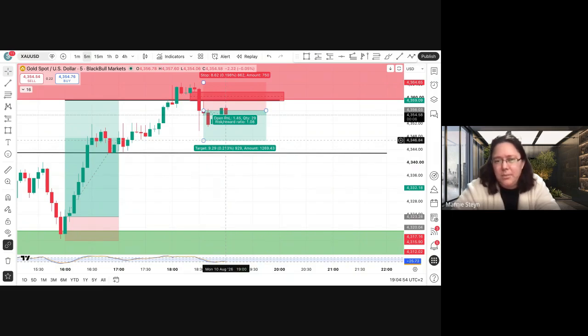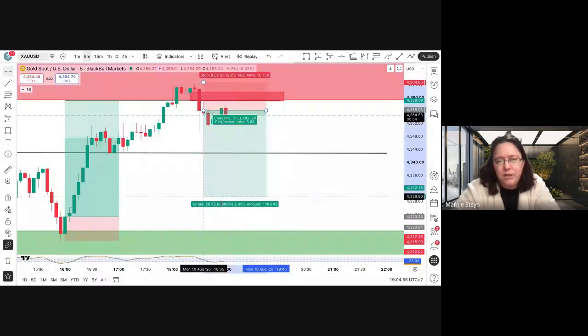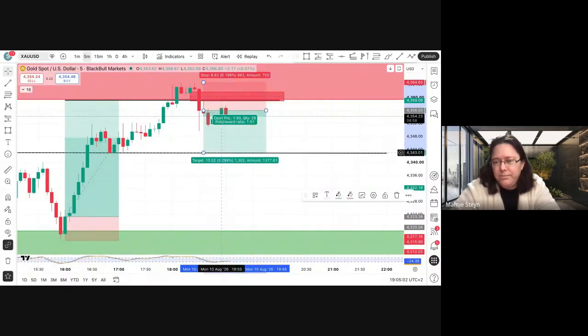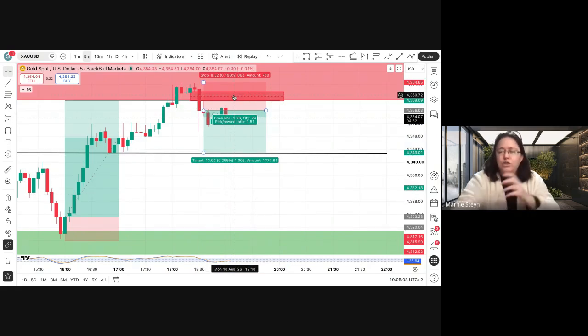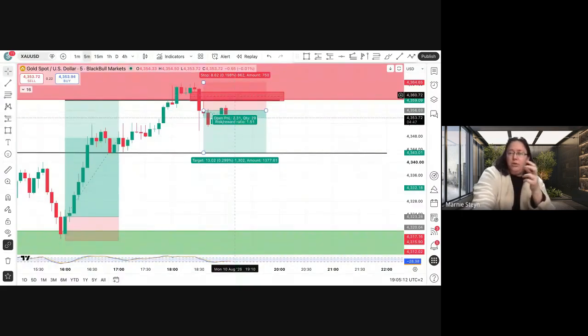Once we get there, I'm going to take half of it off the table, and then I'm going to target the opposing liquidity, or I can just target the bottom section there. Okay, so if you are using smart money concepts, you can use it. If you want to use a 4-hour candle, you can use it. Just take into consideration one thing, guys.